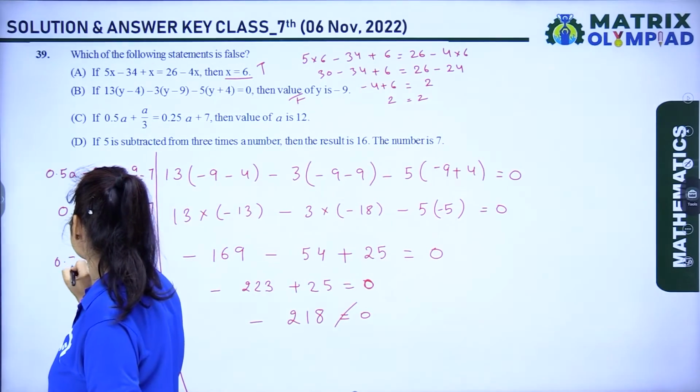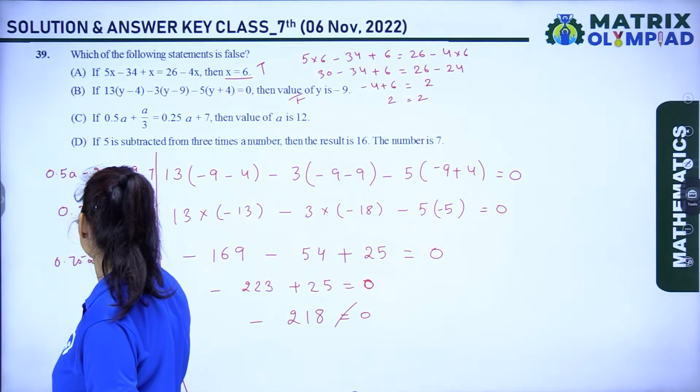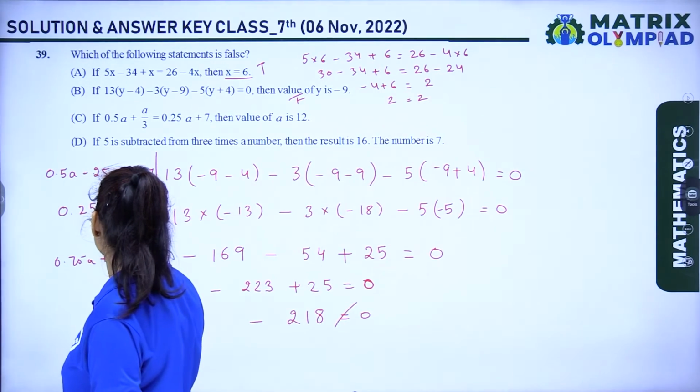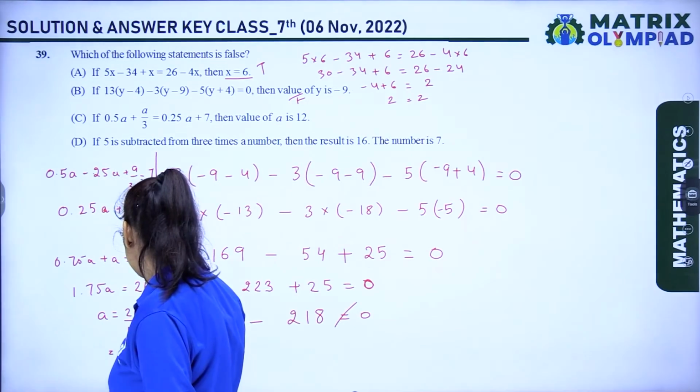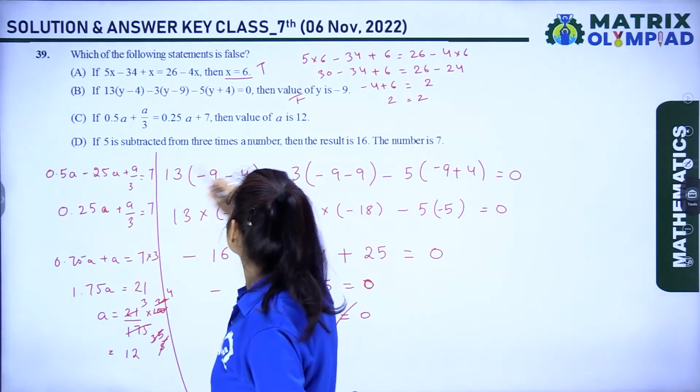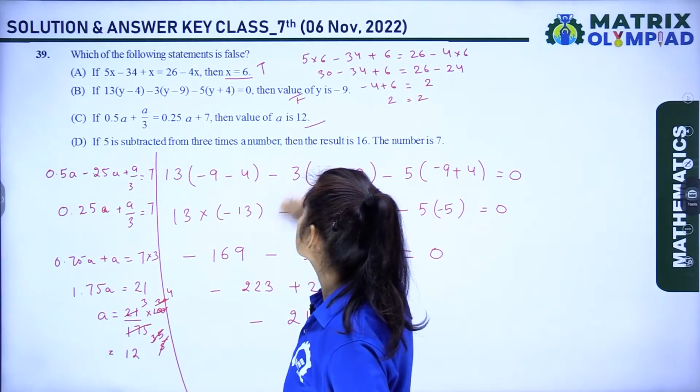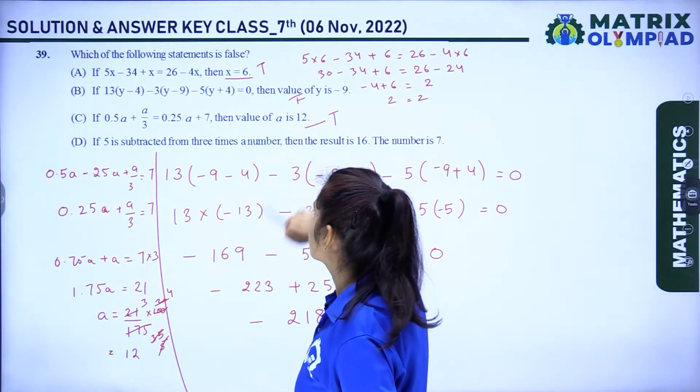So here 0.75a plus a equal to 7 multiplied by 3. Option C is correct as a is 12. So this statement is true.